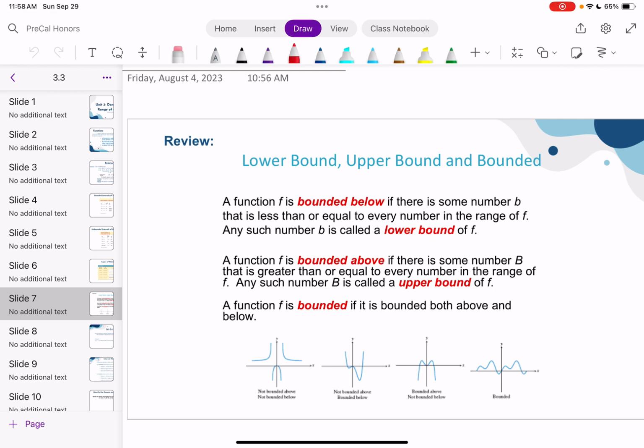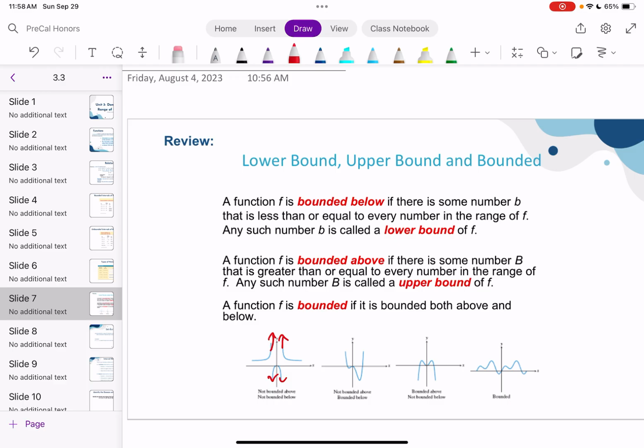These are the same ways that we were describing the graphs in the previous section. Now remember, we are only taking a look at what is going up or what is going down. We are not paying attention to the middle. As long as it continues to exceed upwards, it is unbounded on the top. As long as it continues to go down, it is unbounded in the bottom.